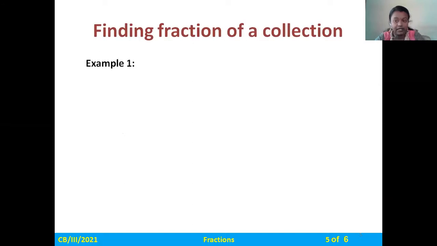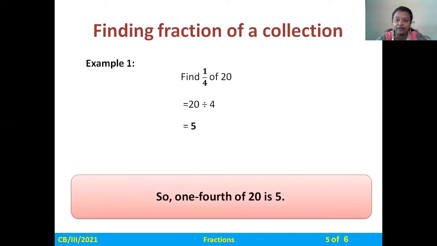Let us see one of the examples. Find 1/4 of 20. 1/4 of 20, that says 20 divided by 4. We have the answer as 5. That says 1/4 of 20 is 5. Let's move on to the next.